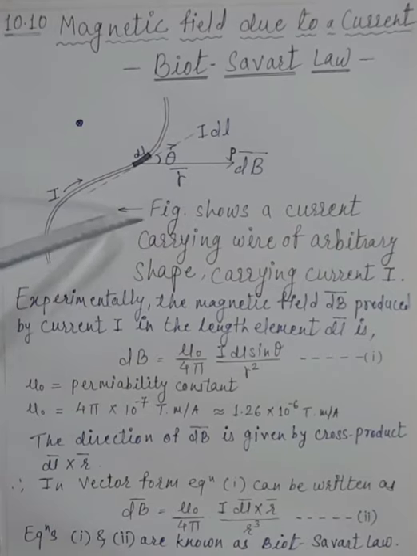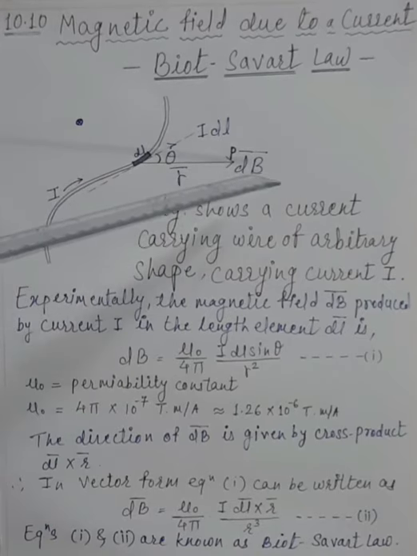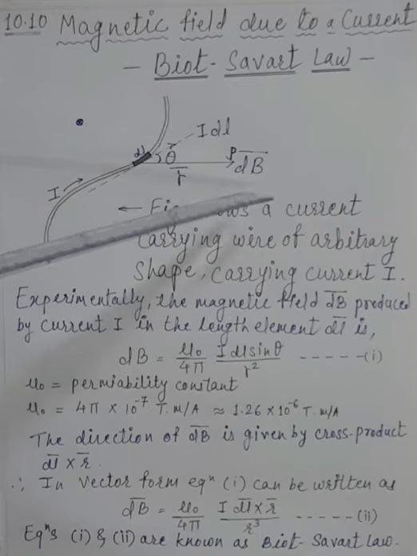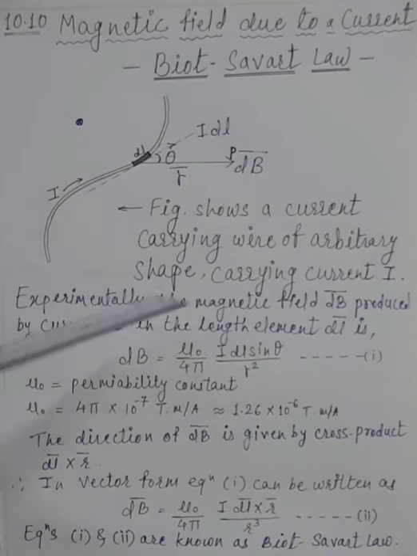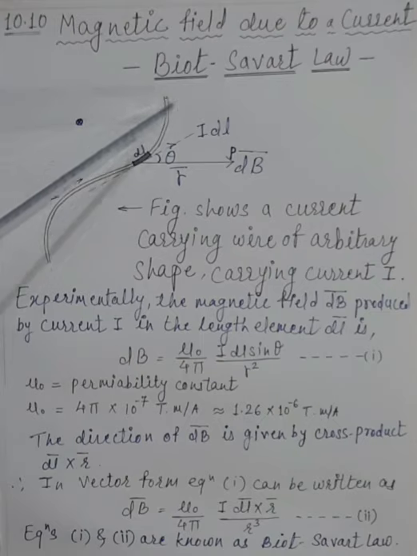The net magnetic field at the point P is obtained by superposition of magnetic fields dB bar at that point due to different length elements along the wire.